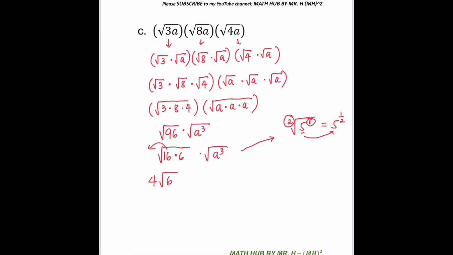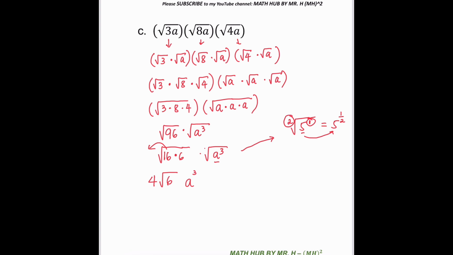For this given, we're going to be rewriting this square root of a cubed into exponential form. And that is going to be, so we take a as the base, and the power of a inside will be the numerator of the power or the exponent.